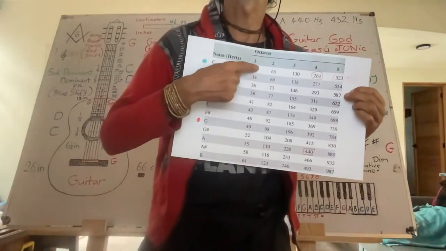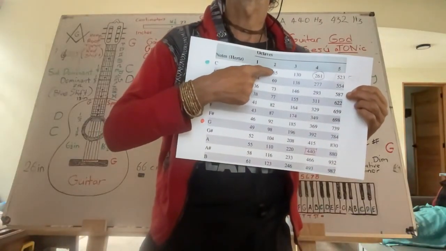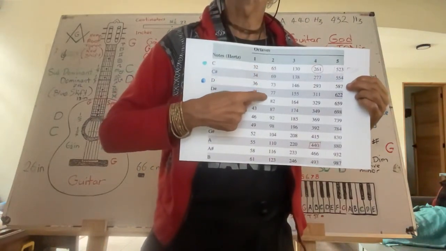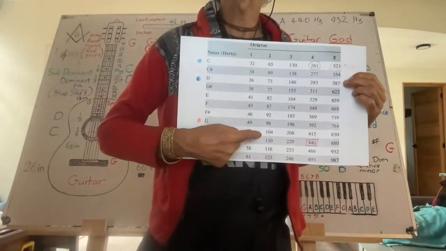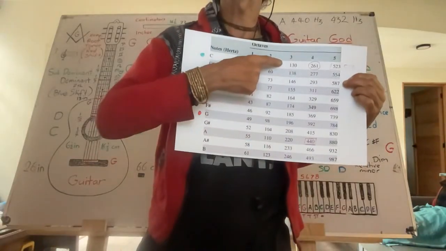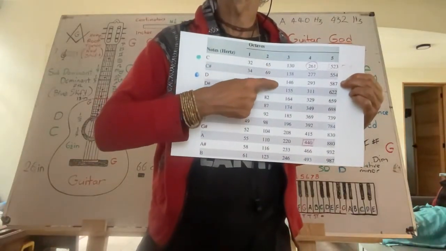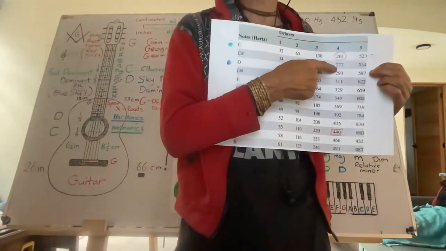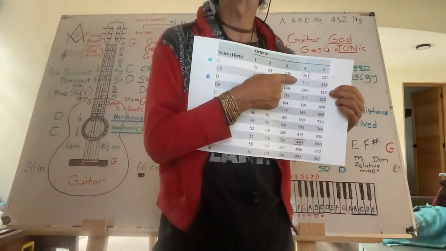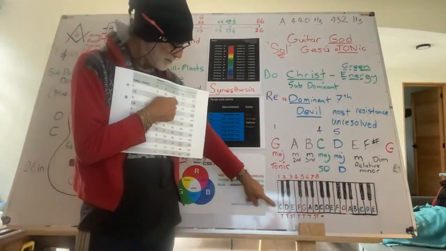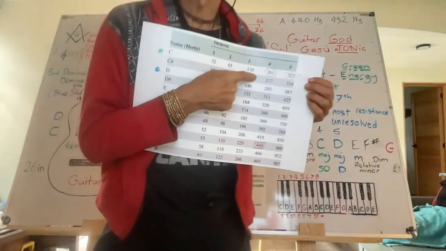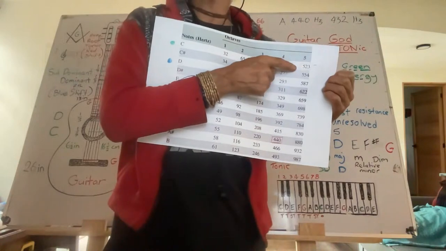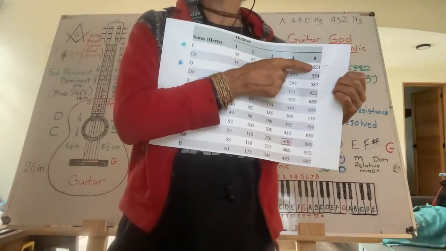Second octave. These are all the 12 frequencies. Third octave. Fourth octave. Now notice that's middle C, guys. 261. Middle C. That's him. But you'll notice that if you go over to the next octave, you've got Len Horowitz's 528.